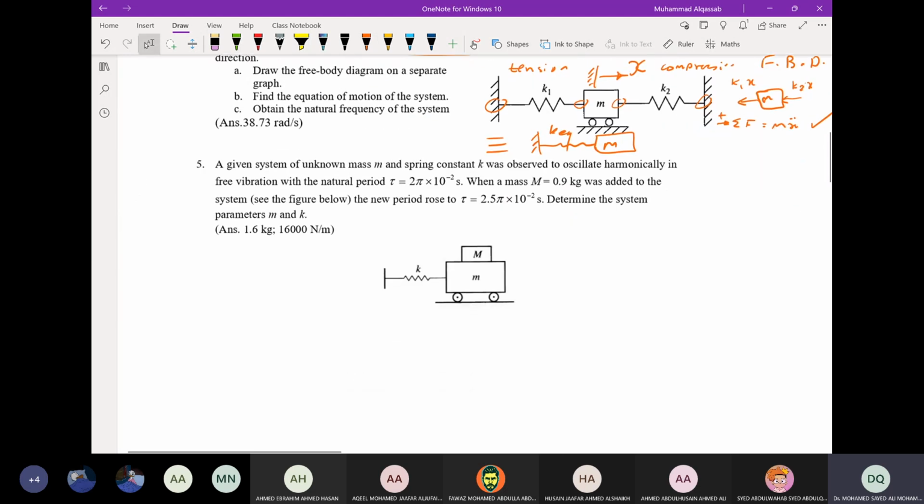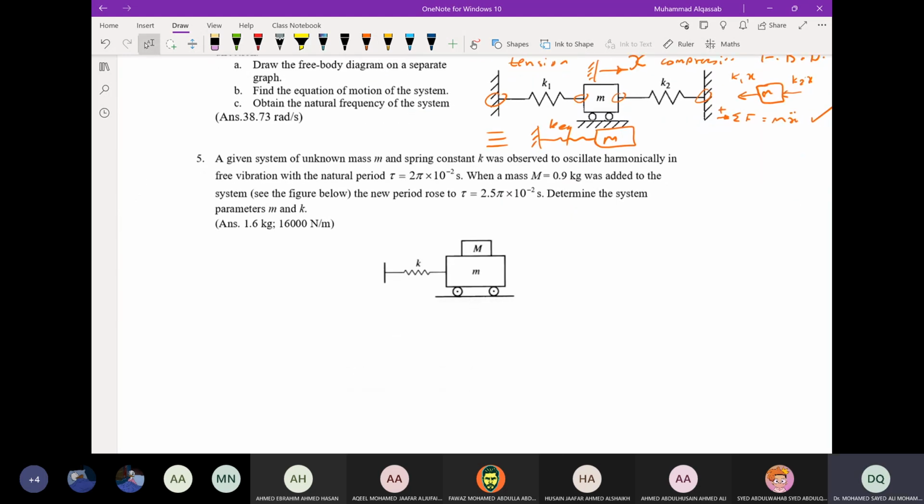Question number 5. A given system of unknown mass m and spring constant k was observed to oscillate harmonically in free vibration with the natural period tau equal to 2 pi times 10 to the power minus 2 seconds. So we have a spring mass system with mass m and spring stiffness k.